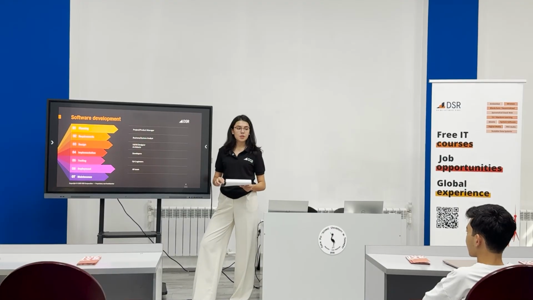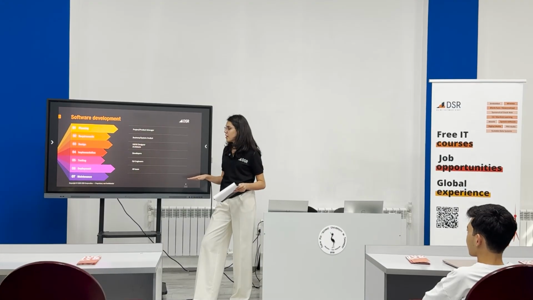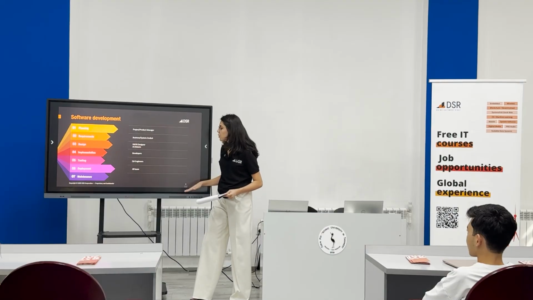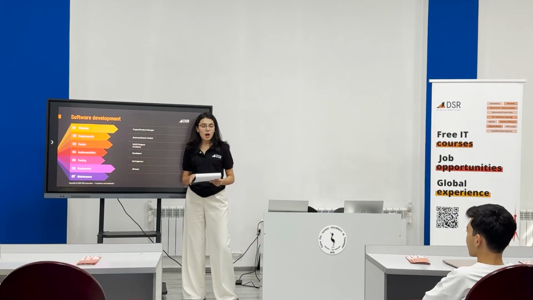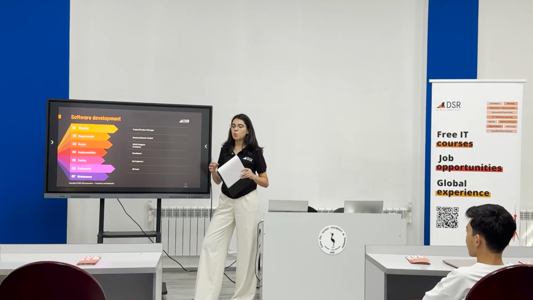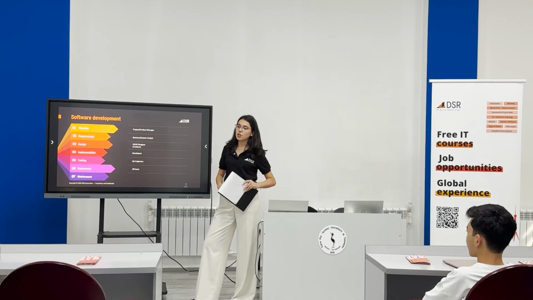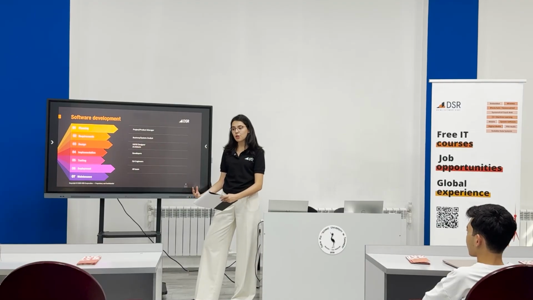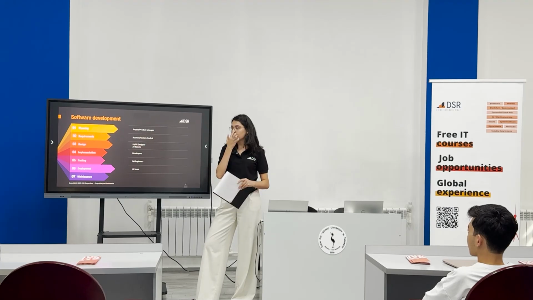And only after we achieve this stability and high quality of the product, we can move on to the deployment. Here is where this development code actually goes into the live production server, where real users can access it. It could be App Store or Google Play for some mobile apps, or it could go to a public website.